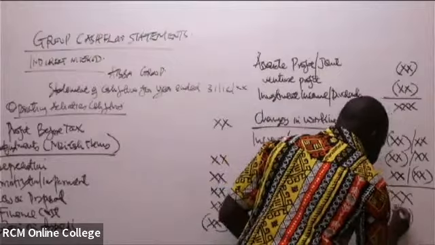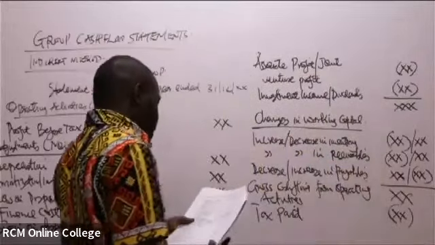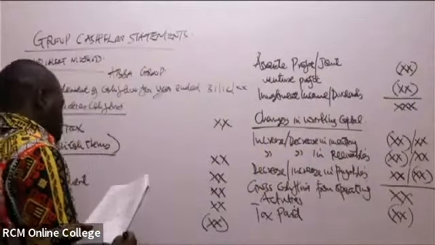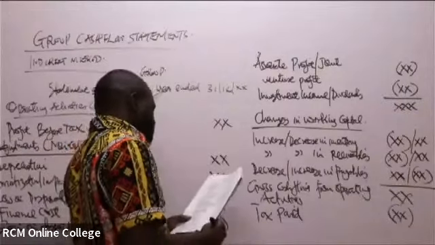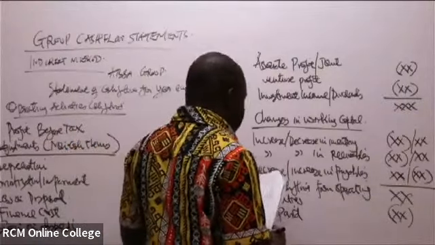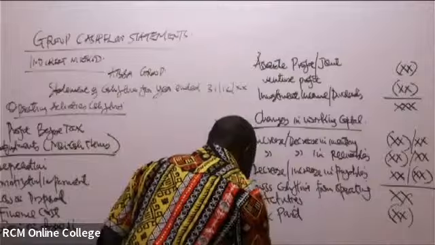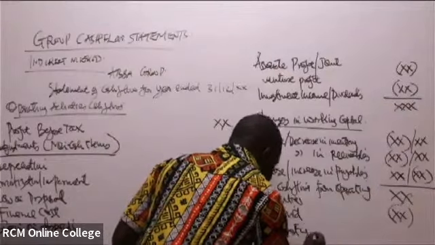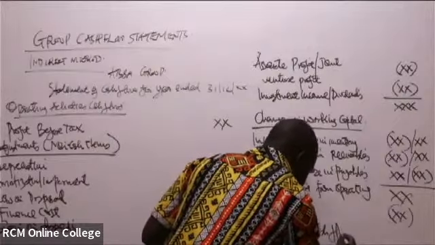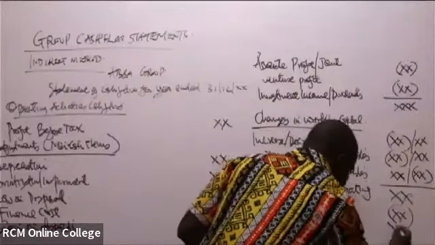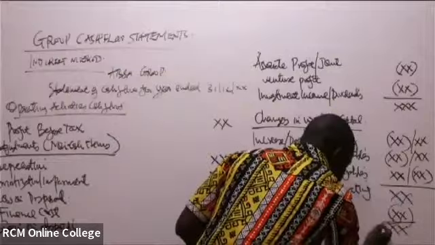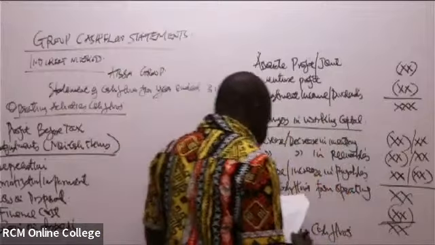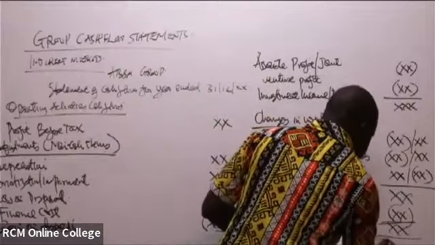Tax paid during the year, you'll likely less it there. So you'll get the net operating cash flows.